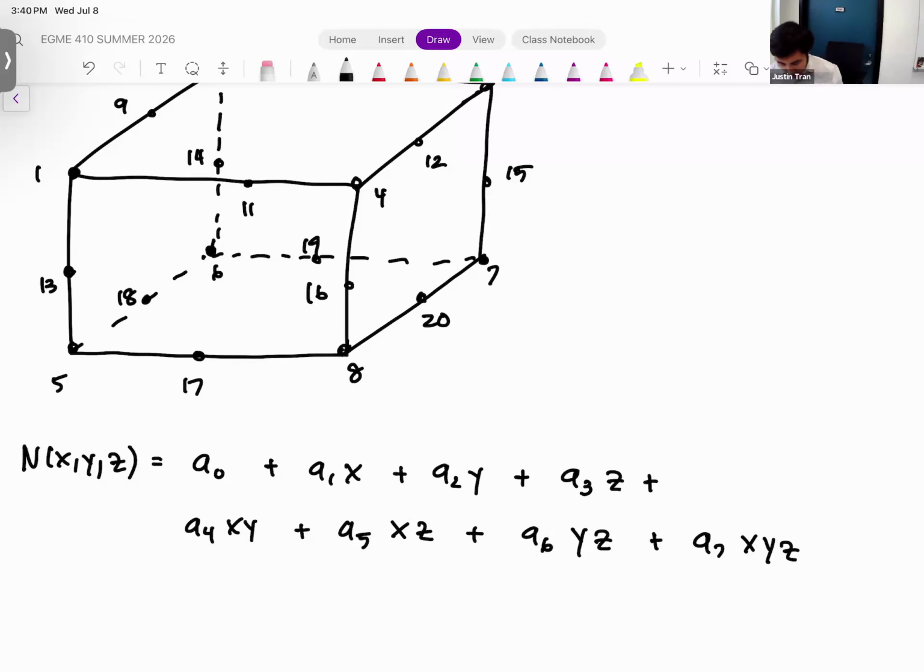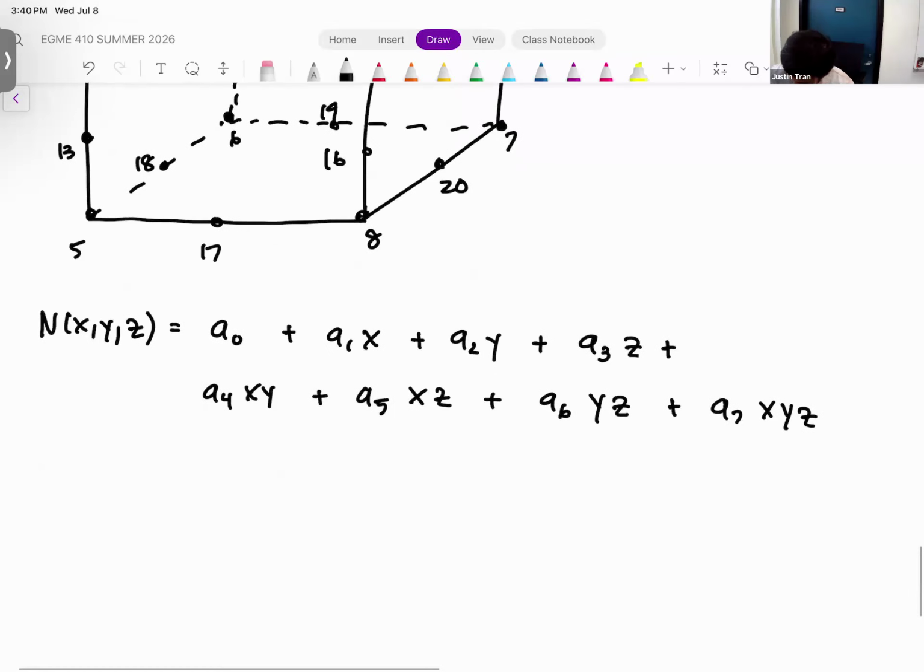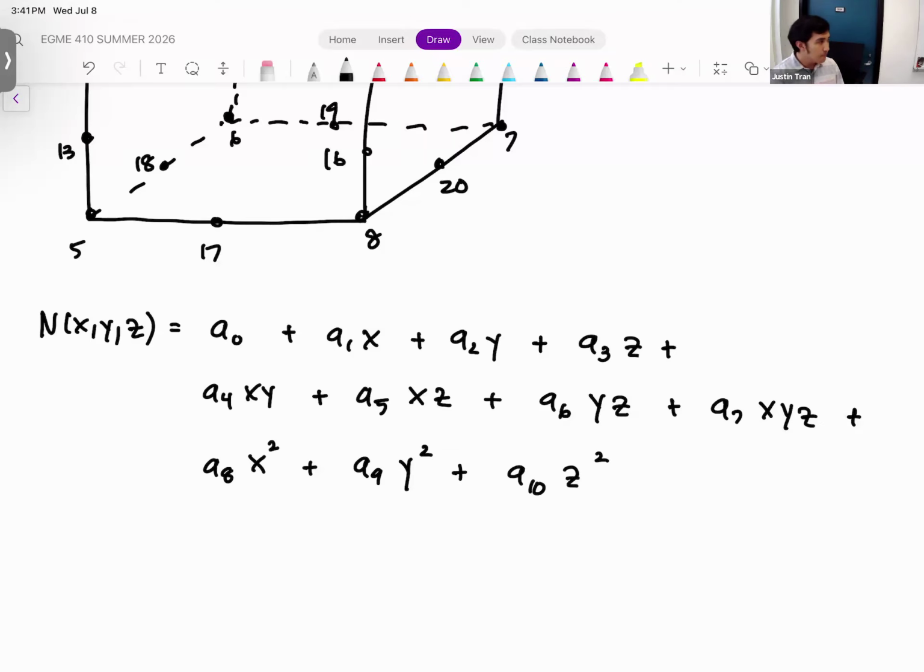Okay. Now we're going up to the quadratic terms. First we have the straight up quadratic terms, so x squared, y squared, z squared. So you have A8 x squared plus A9 y squared plus A10 z squared. Good.